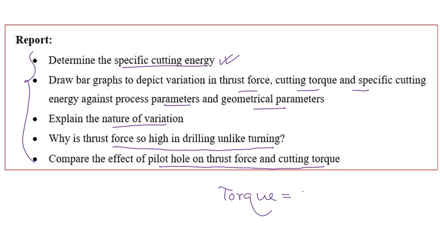Torque is basically forces multiplied by diameter divided by 2, and at the chisel edge the diameter is very small, so possibly the contribution of the chisel edge to the torque is less. But please investigate, verify and analyze this statement.